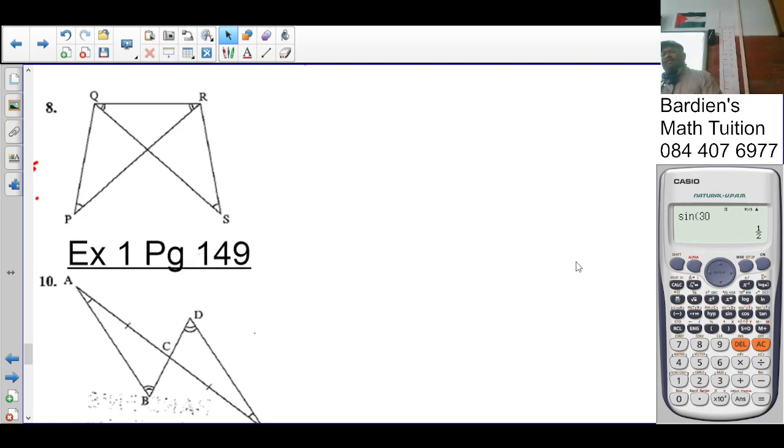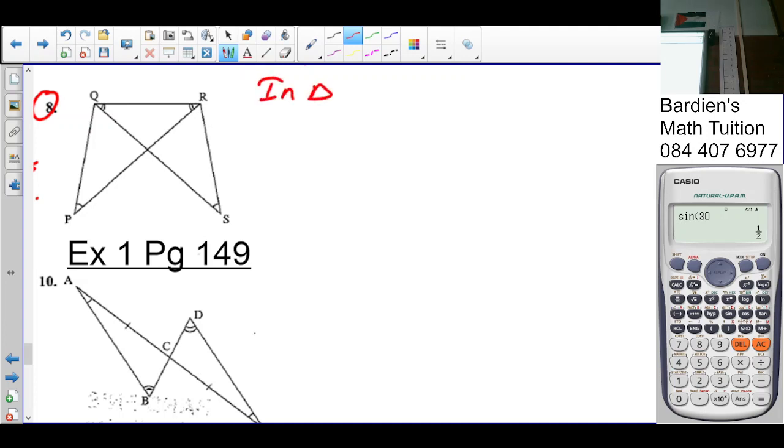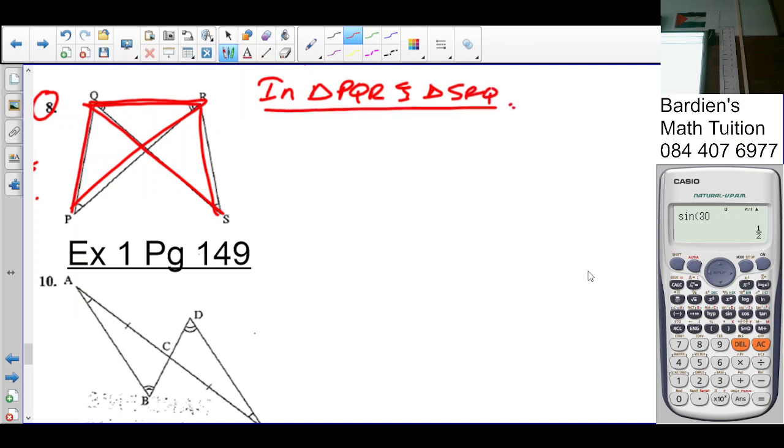Alright, let's look at number 8. What can we say here? In triangle PQR and triangle SRQ. What can I say first things first?